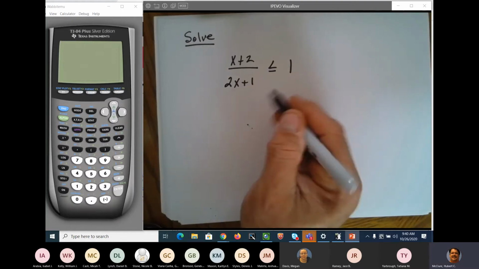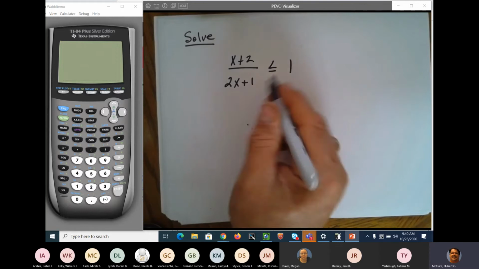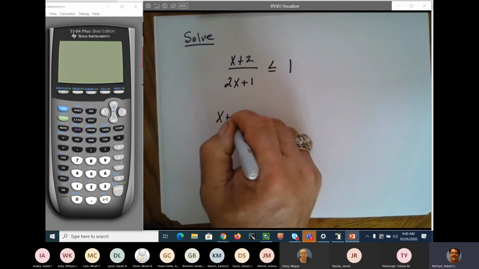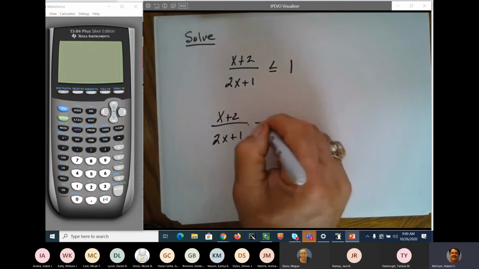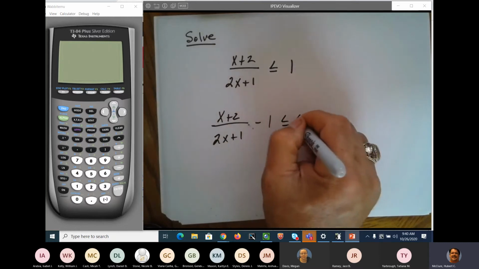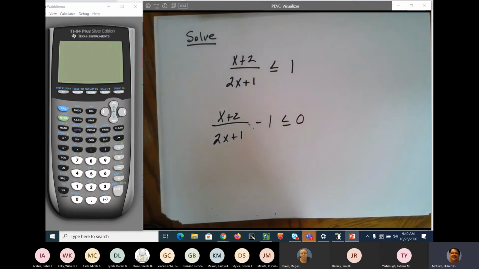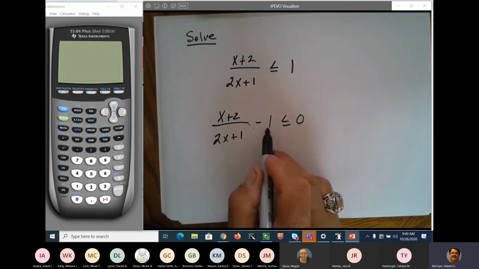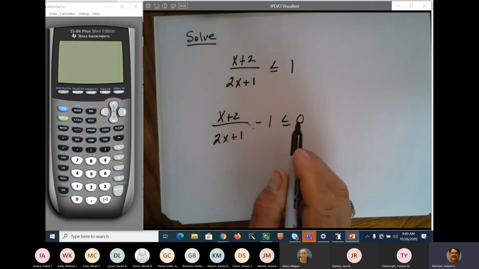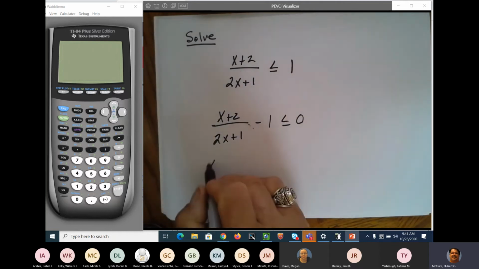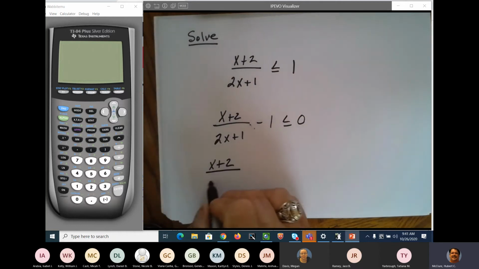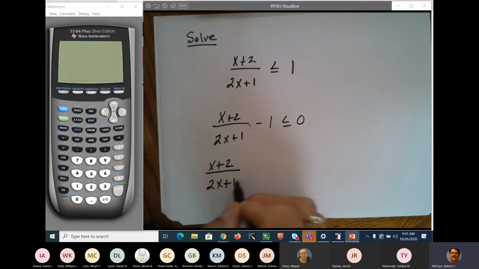Let's bring the 1 over because I hadn't done that with the inequality. x plus 2 over 2x plus 1 minus 1 is less than or equal to 0. Now I can change that 1 into 2x plus 1 over 2x plus 1. Why am I doing that?